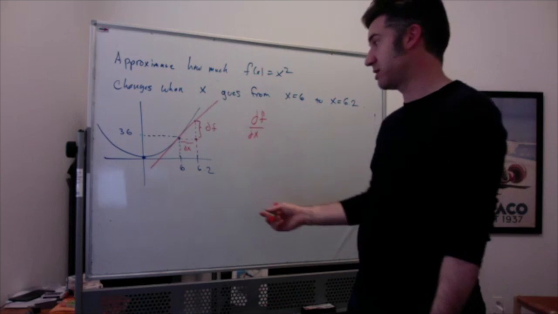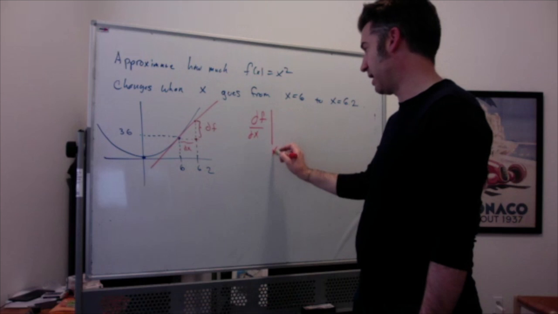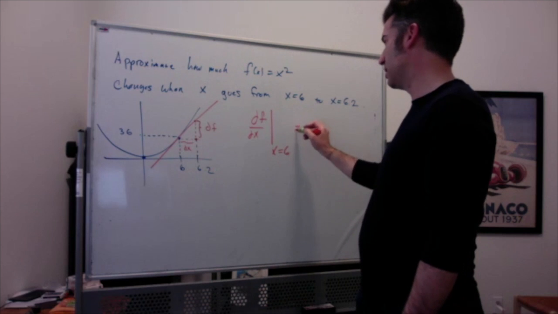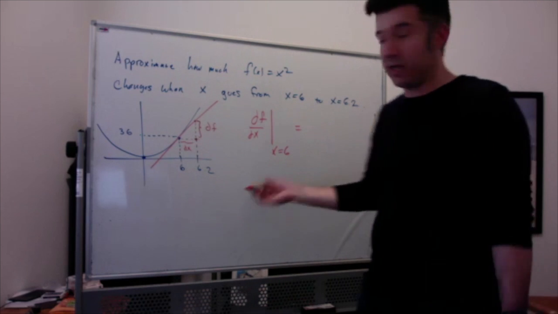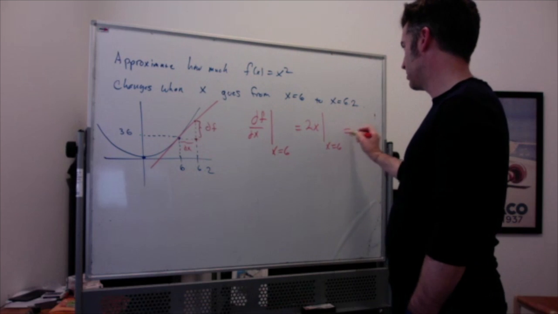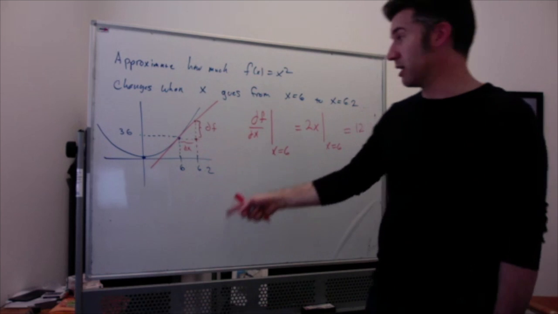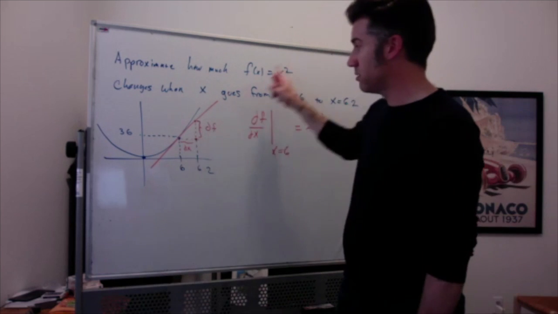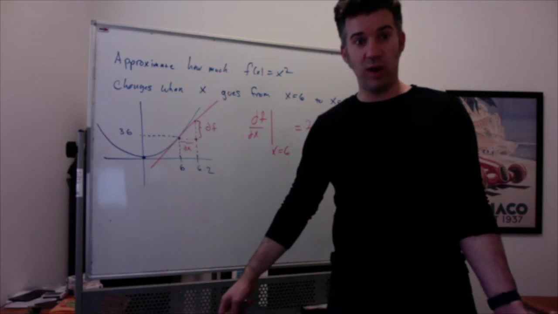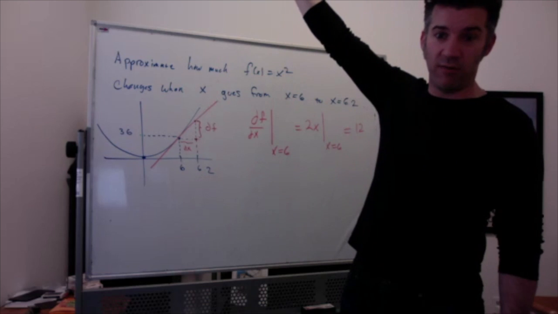Here, df dx, the derivative at this point, so the derivative at x equal to 6 is, well, the derivative of x squared is 2x. At x equals 6 that is 12. That derivative is 12, meaning this line has a slope of 12, meaning if I move 1 over, I go up 12.